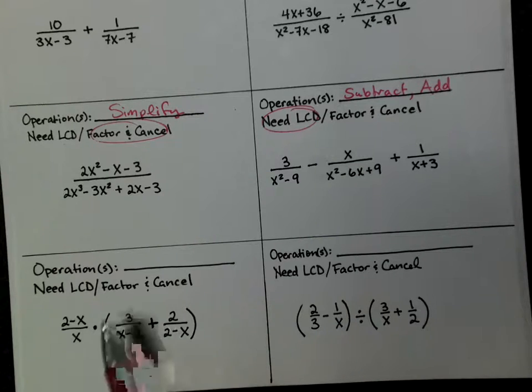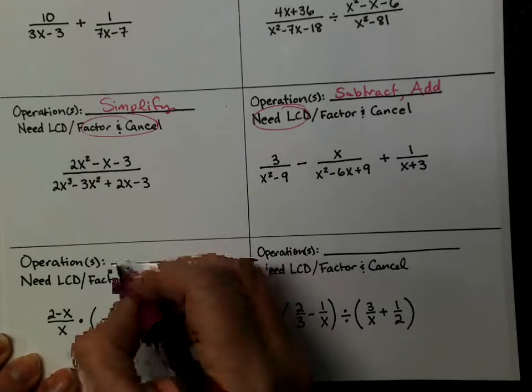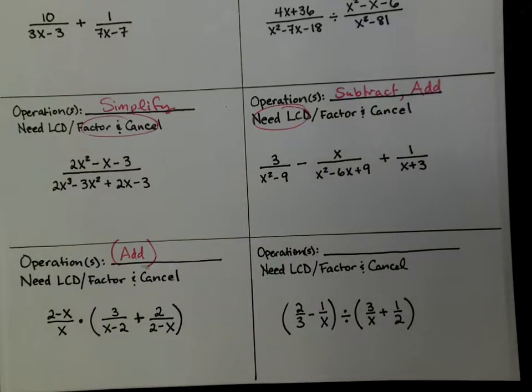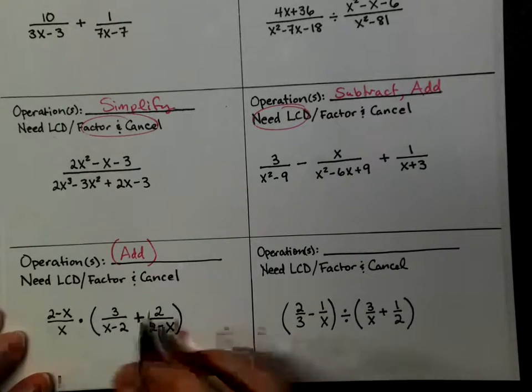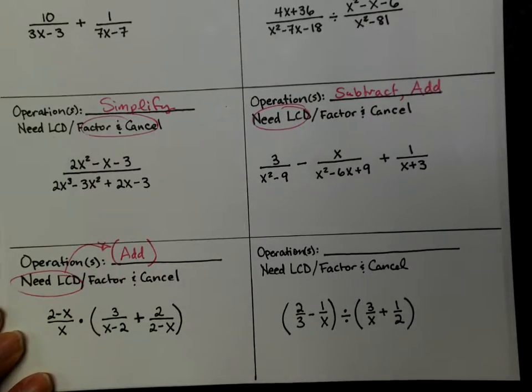What are the operations here? And what do you do first? Parentheses, right. Our operation here is addition, which we do first because of the parentheses. In that case, you will need an LCD.